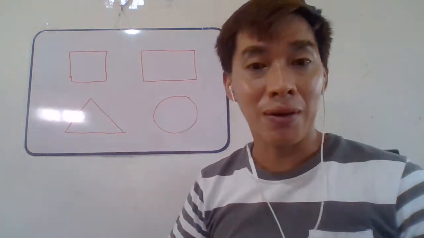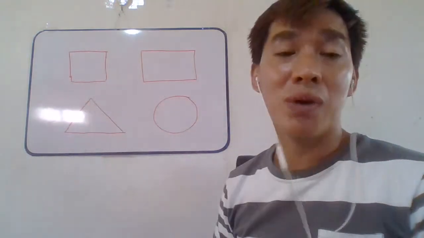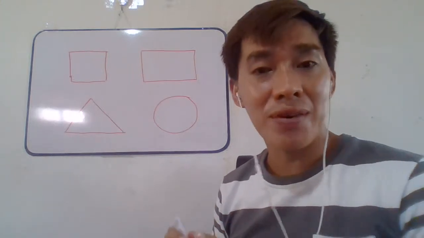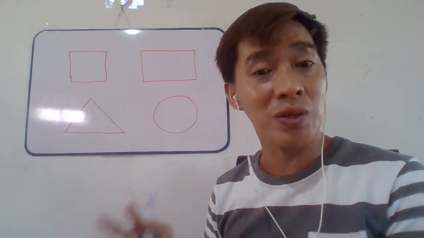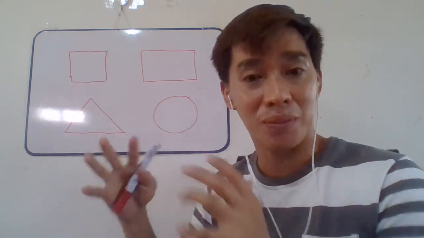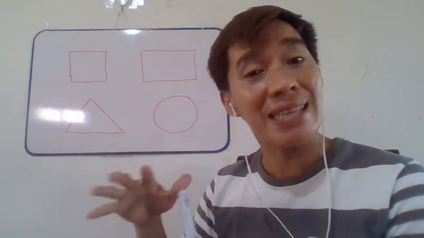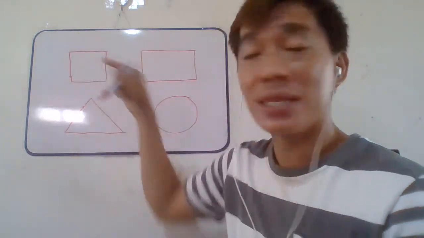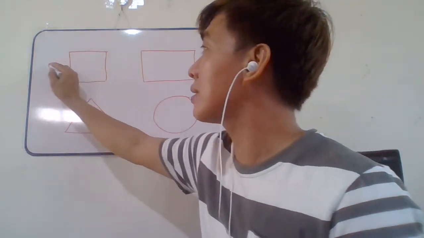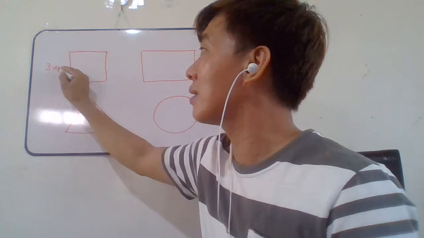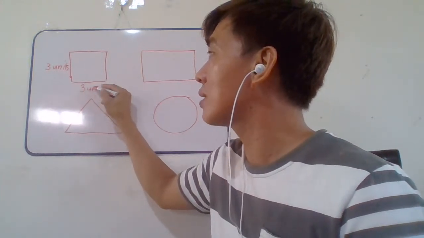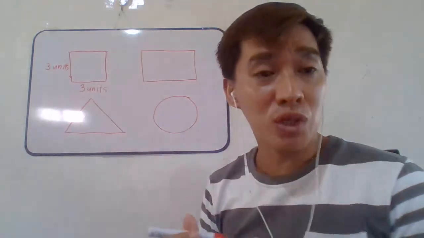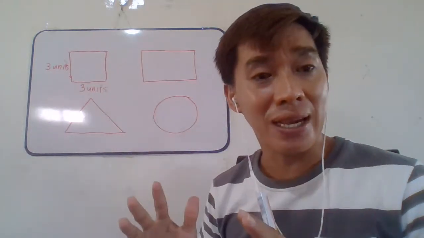Okay. Now, for example, if we do have a square, when we say area, we are just counting the number of square units present in that particular figure. So, kung may araw kita sang square and our square here has a measurement of 3 units, and also we have here 3 units, because when we are referring to a square, ang square parareho ang side.